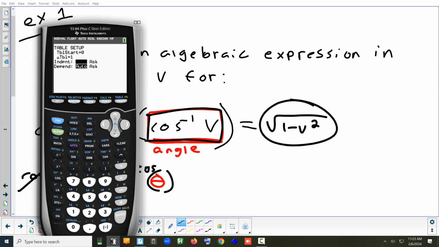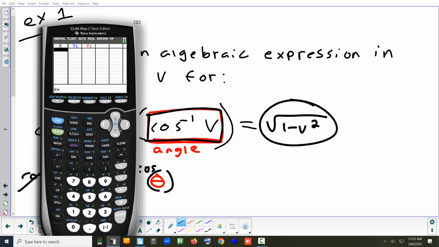And you could just try different values. Now remember, you couldn't plug in a value like 3 here, because 3 squared is 9, 1 minus 9 is negative 8. You can't take the square root of negative 8. So you have to make sure v doesn't go above 1, and v doesn't go below negative 1.